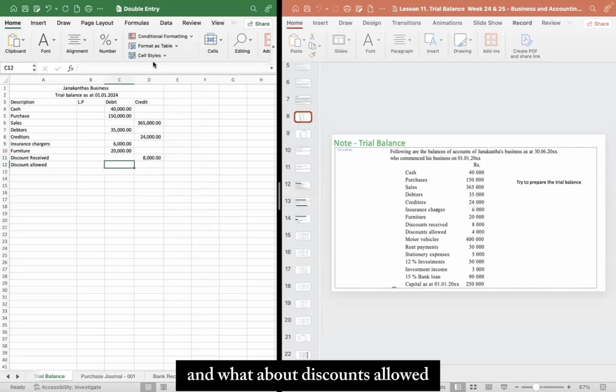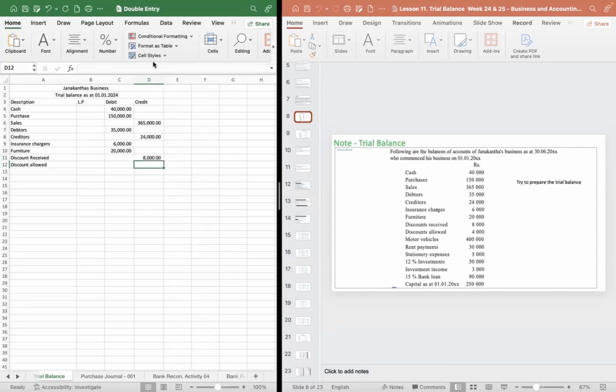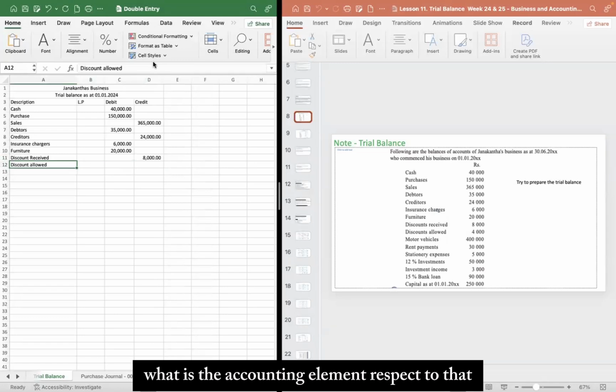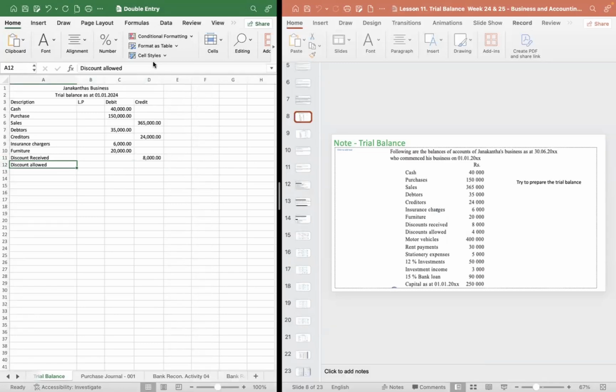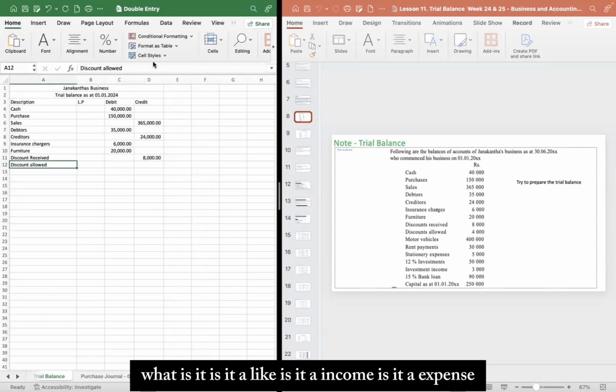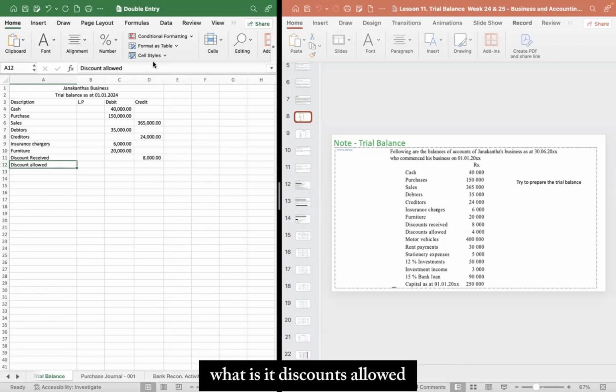And what about discounts allowed? What is the accounting element with respect to that? Is it an income, an expense, an asset, a liability, or equity? Discounts allowed.